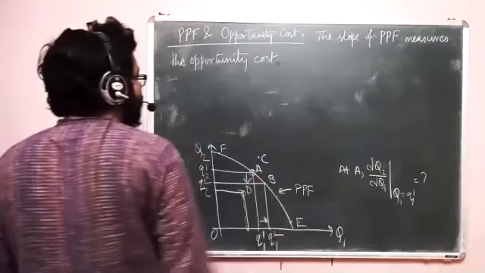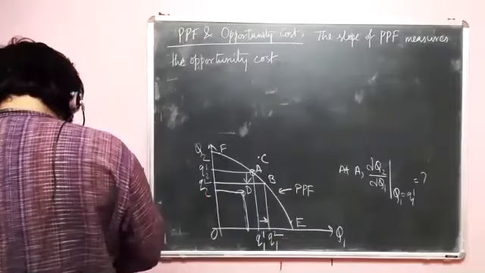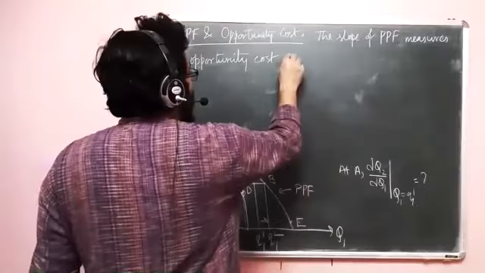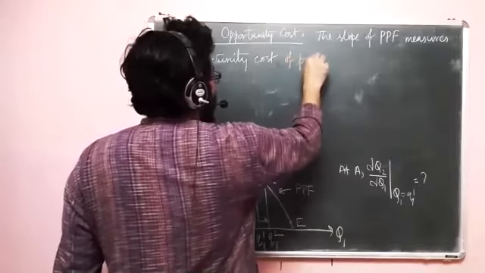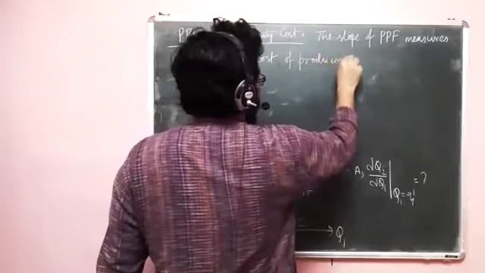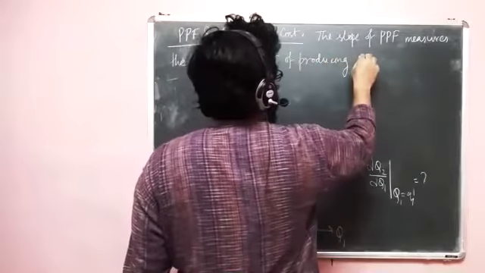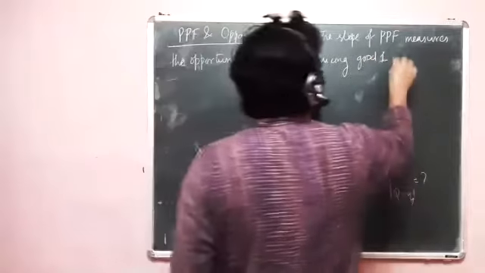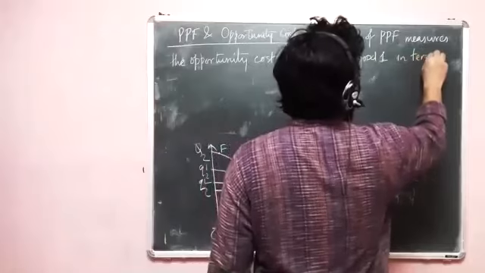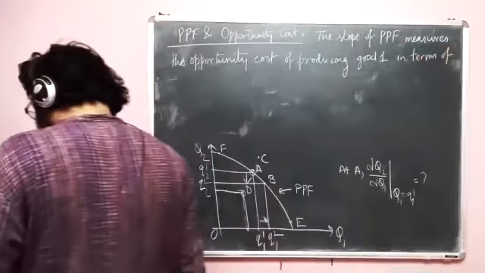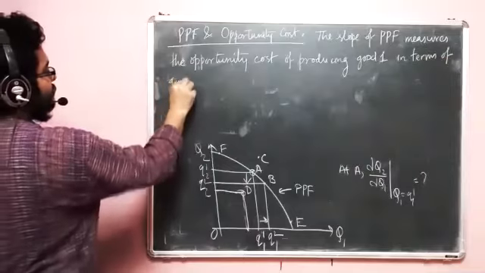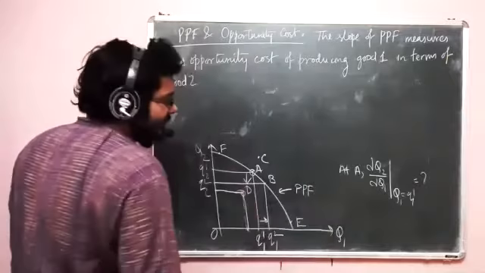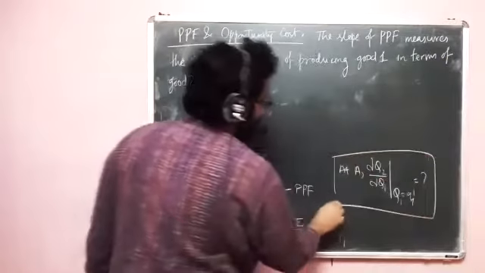Opportunity cost of producing good 1 in terms of good 2, right?